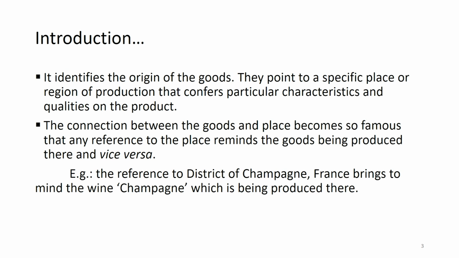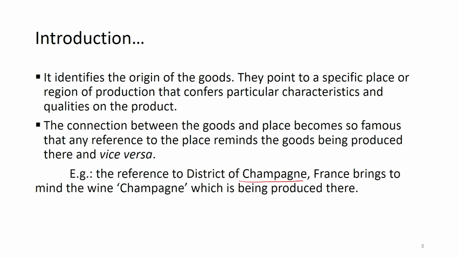GIs are pointing towards a specific place, a specific region, and the characteristics are because of those regions, those places. The connection between goods and place becomes so famous that any reference to the place reminds one of the goods being produced there and vice versa. Let us take the example of Champagne.